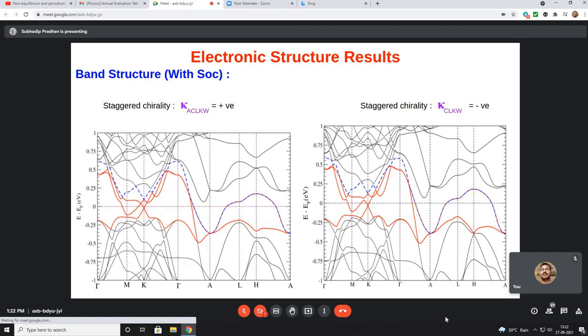So one thing is that if I have a touching, then both symmetries are there, then the touching will be there. But if time reversal symmetry is broken, then I will get Weyl points, minimal two Weyl points. And this is the case. So minimal two Weyl points we are getting here.